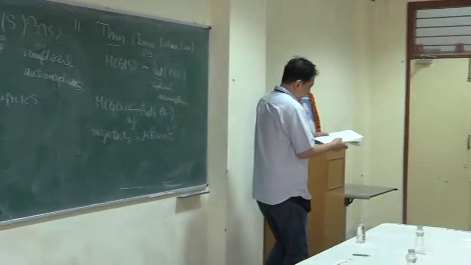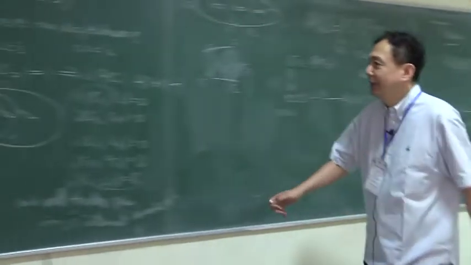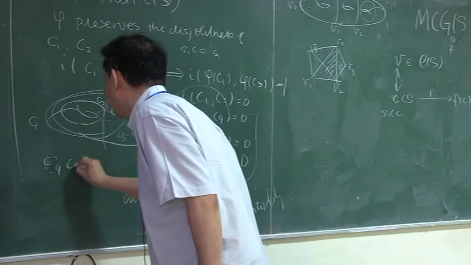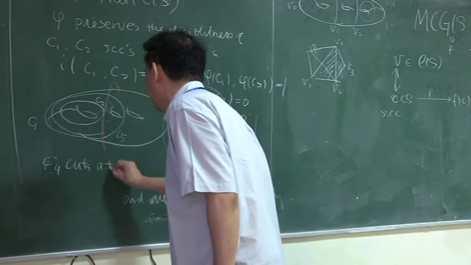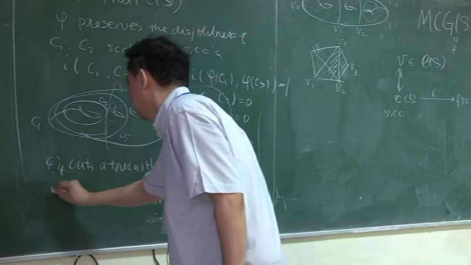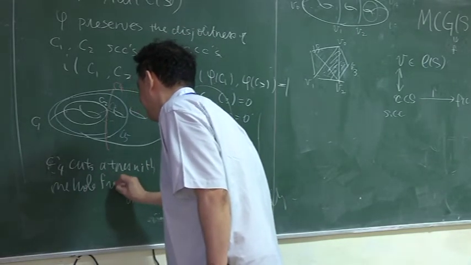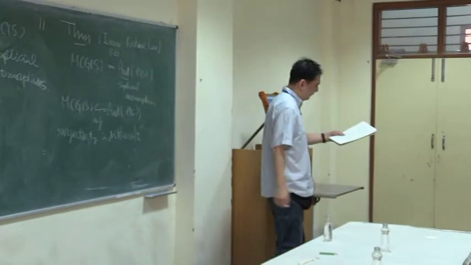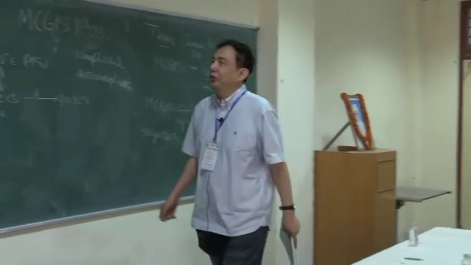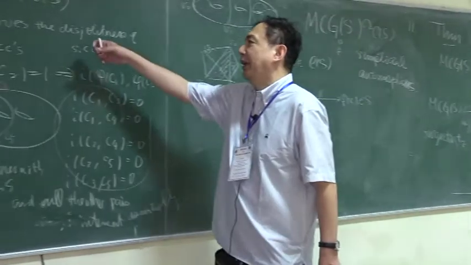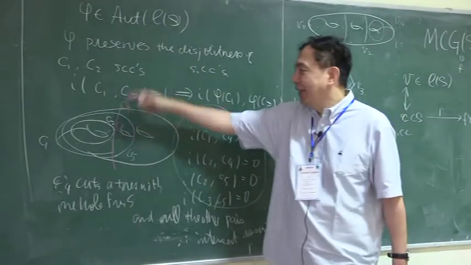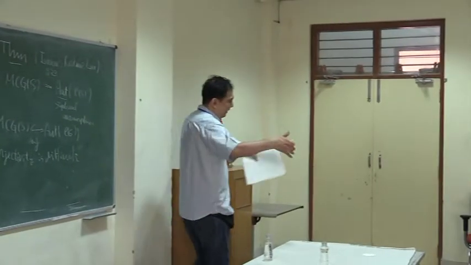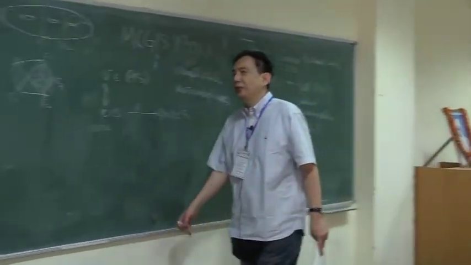And furthermore, this curve C4 cuts a torus with one hole from S. Actually, you can show the disjointness is preserved by phi, and the condition that some curve cuts a one-holed torus from the other part is also preserved by phi.